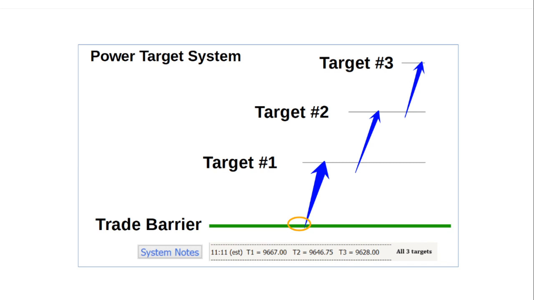That's a real important thing to get, and it takes time to develop that kind of trust. So that's why, again, you want to start off in sim mode, then start off real light and build your size up gradually.